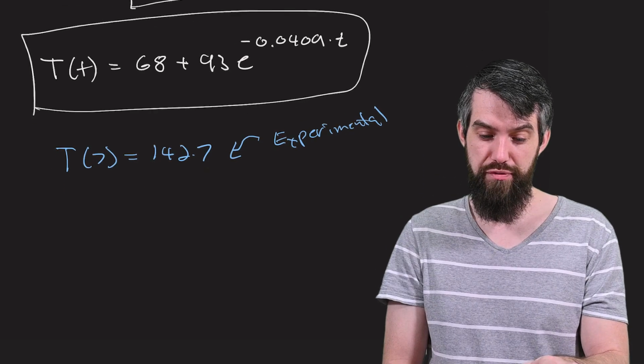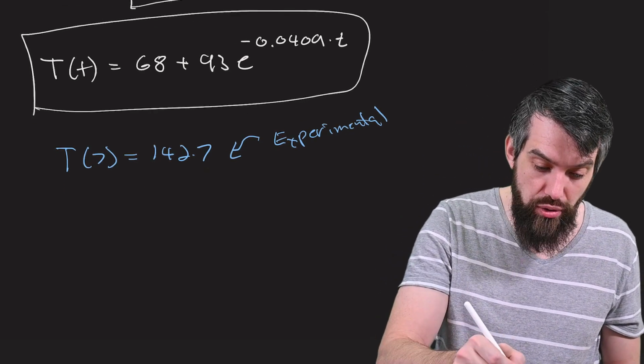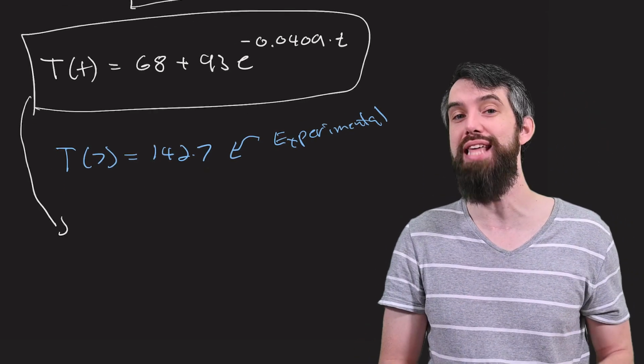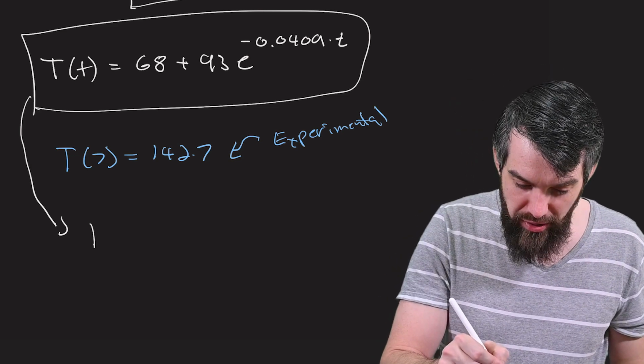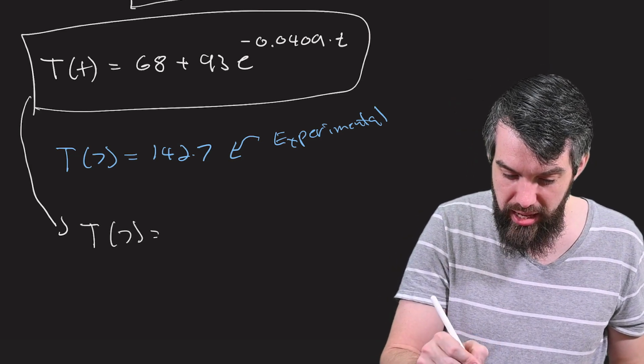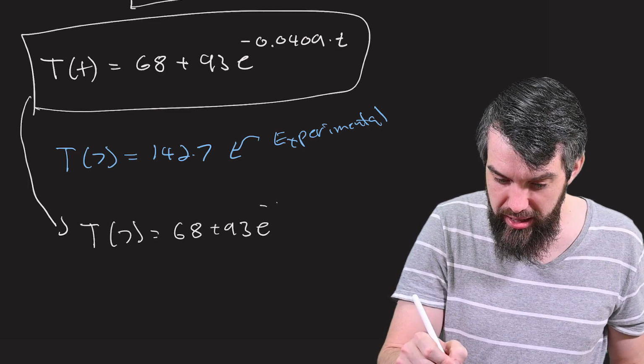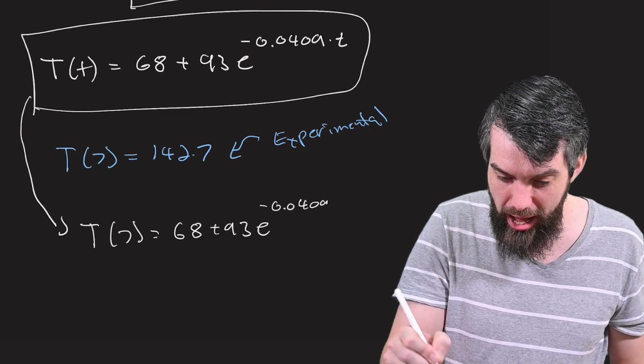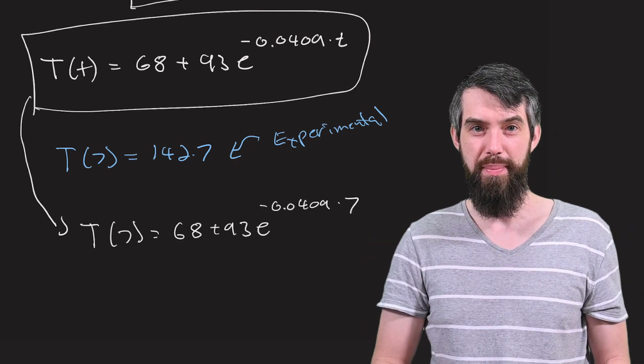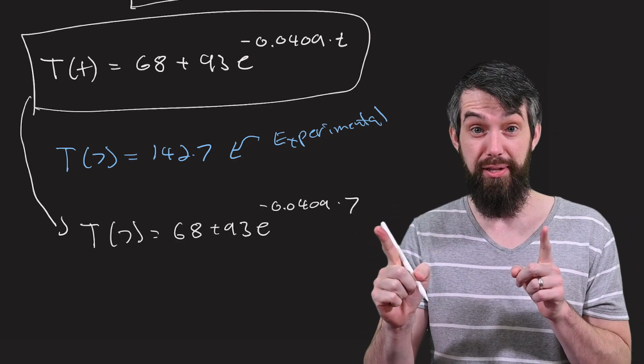So now we're going to get the moment of truth. What happens if we use the model, the solution we have come up with? So now the T of 7, according to the model, is 68 plus 93 e to the negative 0.0409 times 7. Moment of truth, let's type it into the calculator.